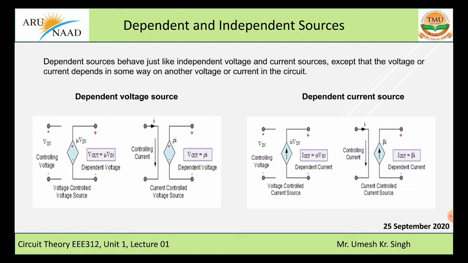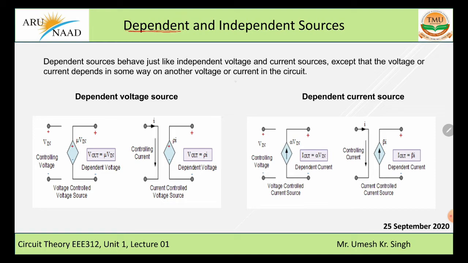Now dependent sources, and this topic is important. What is a dependent source? Dependent sources are those sources whose current or voltage depends on some other voltage or current in the circuit. I have already discussed the voltage and current source.